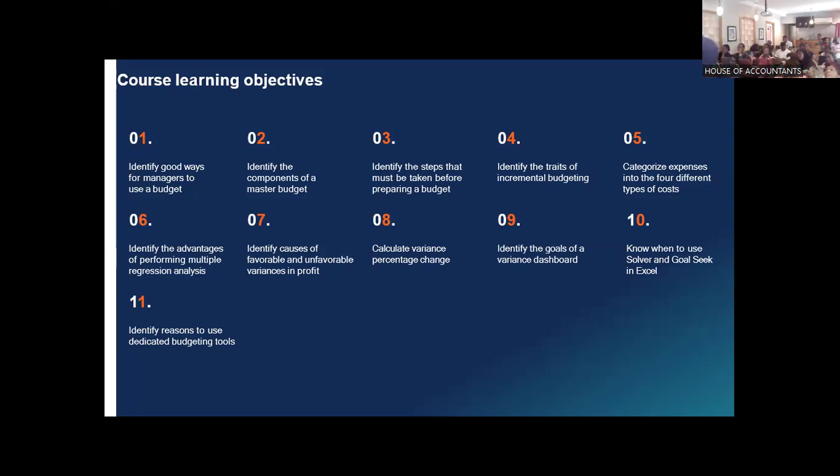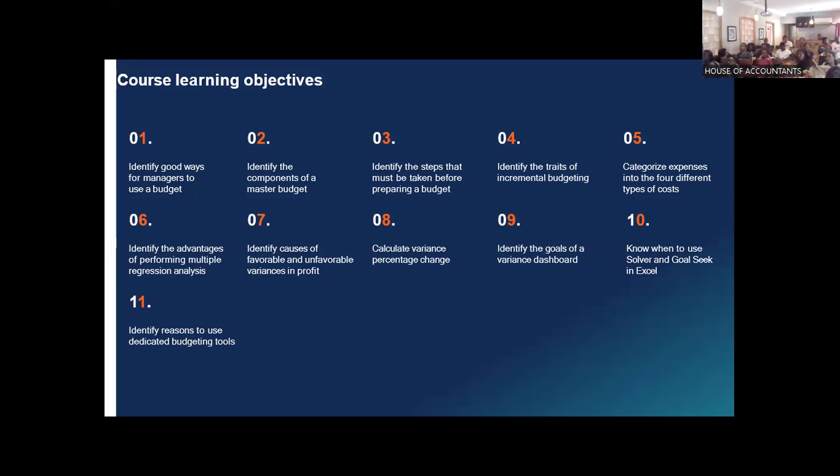So identify the advantages of performing multiple regression analysis. Identify the causes of favorable and unfavorable variances. If actual is higher than the budgeted, then you will investigate what has happened for it to be higher.